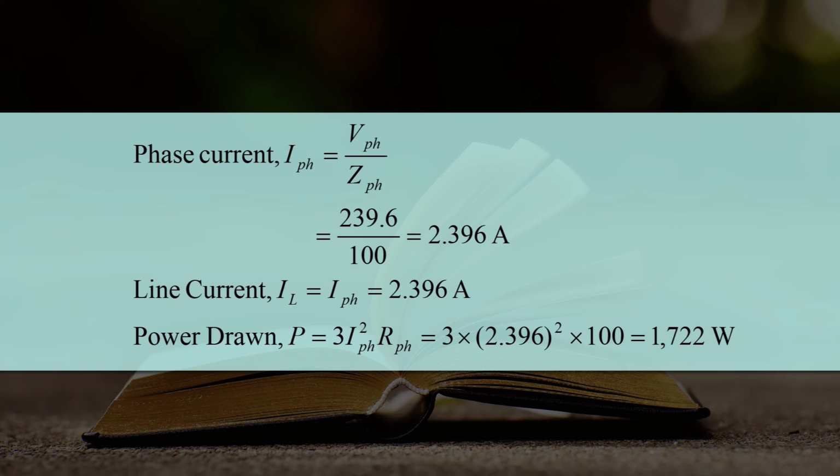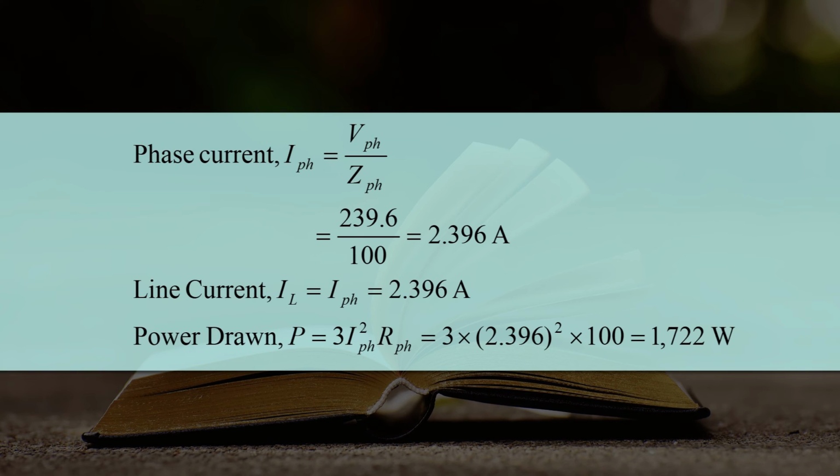Now you have to calculate the power drawn, because power is consumed in all three phases. If you calculate the power in one phase, just multiply it by 3 to get the power drawn in all three phases. Power drawn in a single phase is I phase squared times R phase. Now multiply it by 3.